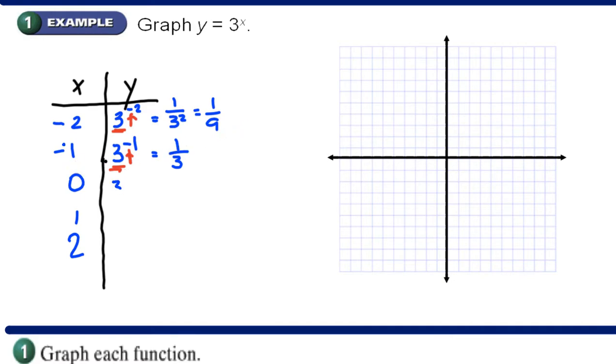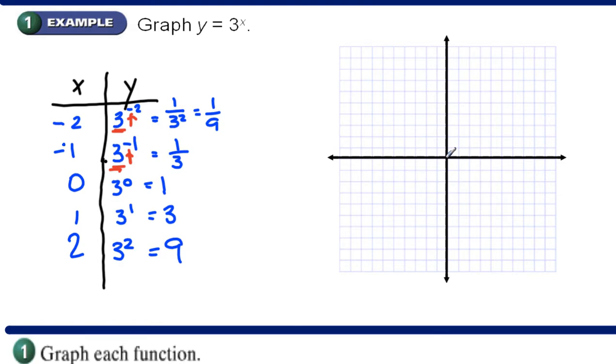Then I have 3 to the 0. Anything to a 0 power is 1. 3 to the first is just 3. And then we have 3 squared, which is 9. Okay, so now we need to go over to our grid, and we need to plot these points. All right, so we go to -2 on the x-axis.